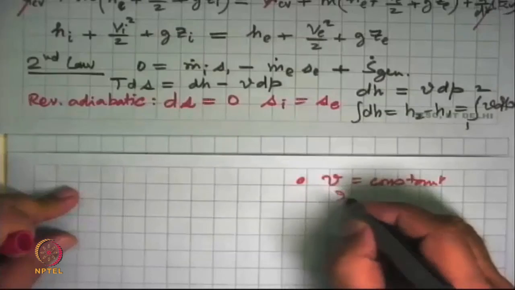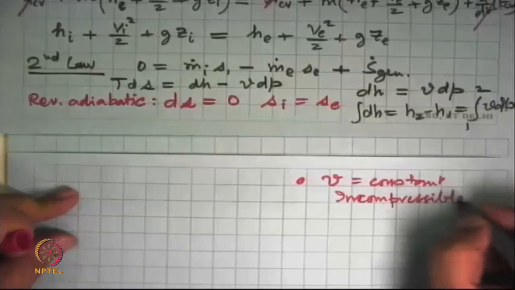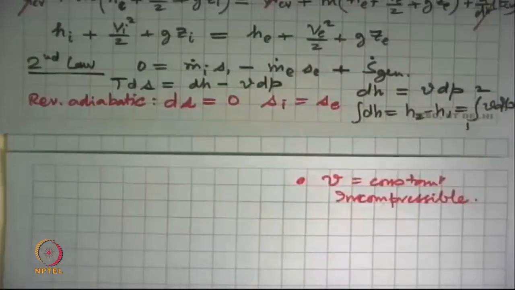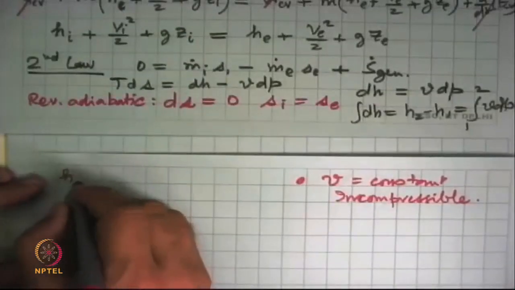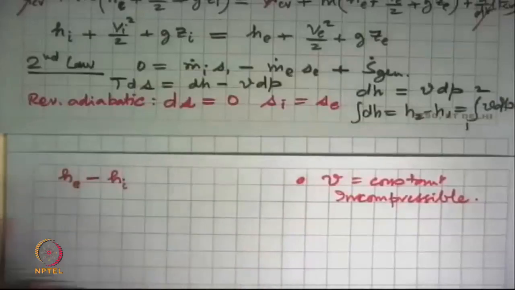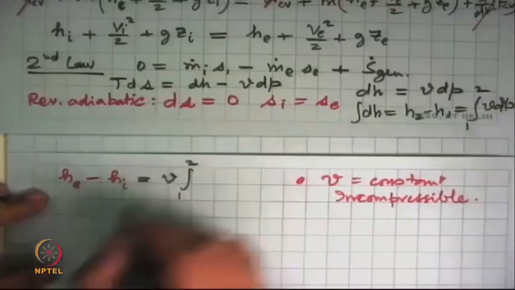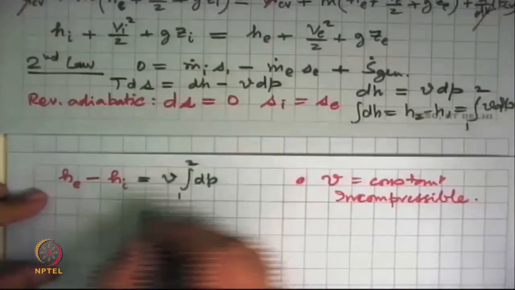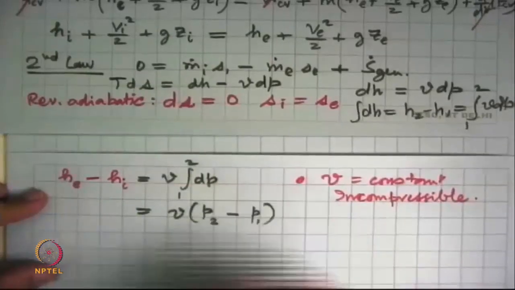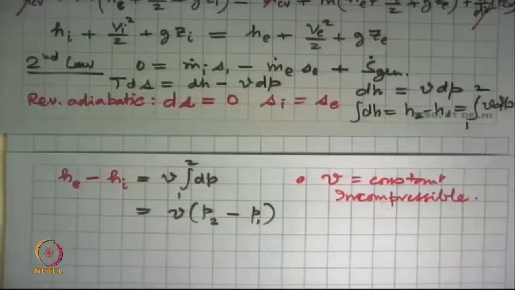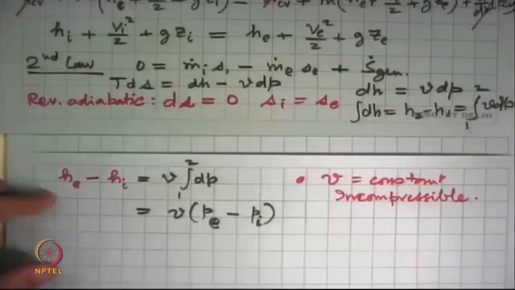That means the fluid is incompressible. That being the case, this integration helps us, and it becomes He minus Hi, which is equal to V times the integral from 1 to 2 of dP, which is V times P2 minus P1. And P2 is Pe, P1 is Pi.